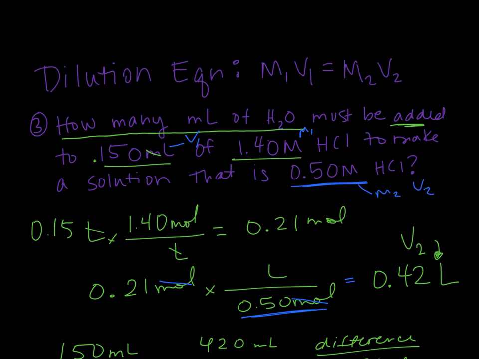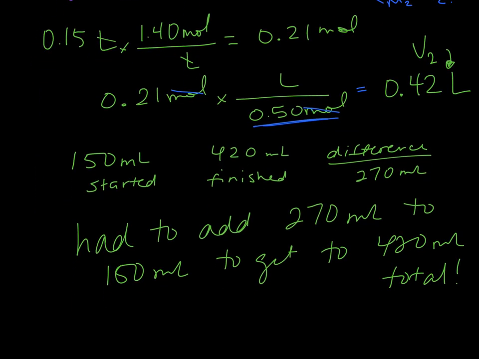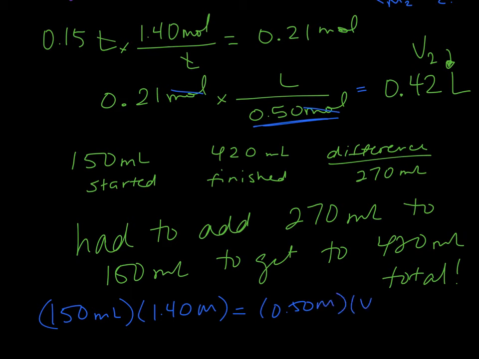So I look for V2, right? So I've got 150 milliliters, V1. My M1 is 1.4, and then that's going to be equal to 0.5 molar times V2.